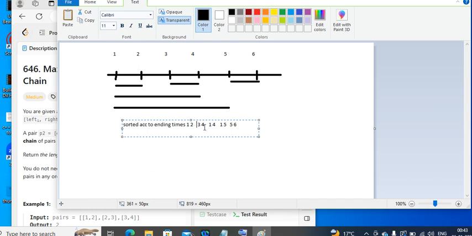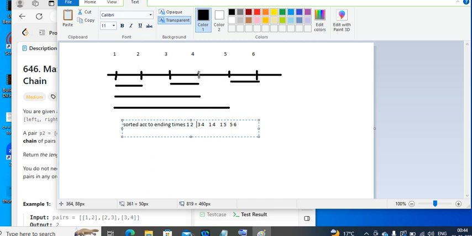So you see 2, 4, 4, 5, 6, all of them are sorted according to their ending times. 1, 2 has the shortest ending time that I see, so 1, 2 is coming first. Then 3, 4 and 1, 4 both have the same ending time. In that case, my idea is that the envelope should come later than the child. So 3, 4 should come before 1, 4. 1, 4 is the envelope, it should come later.